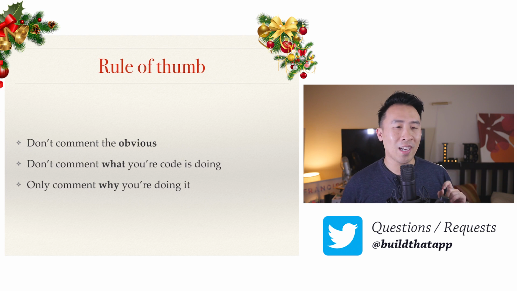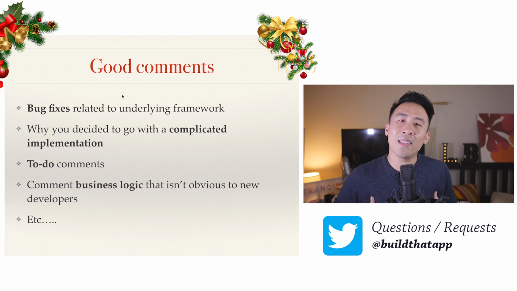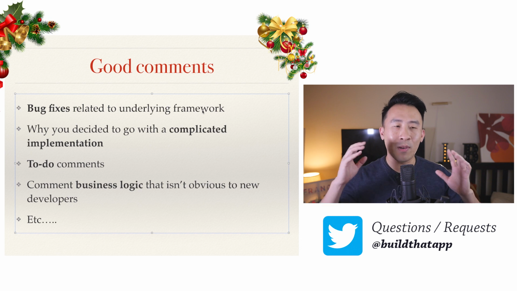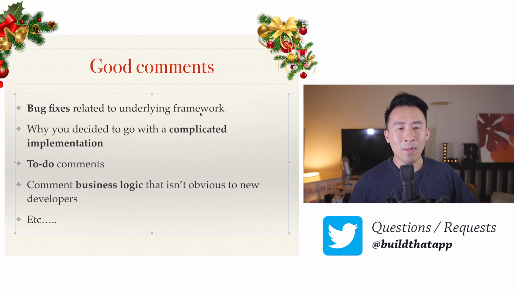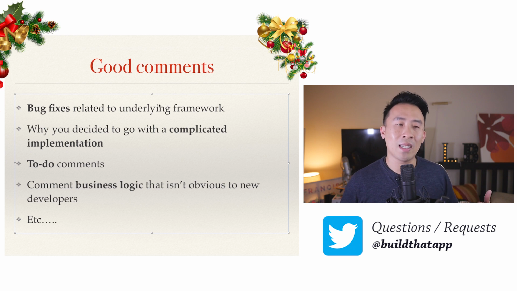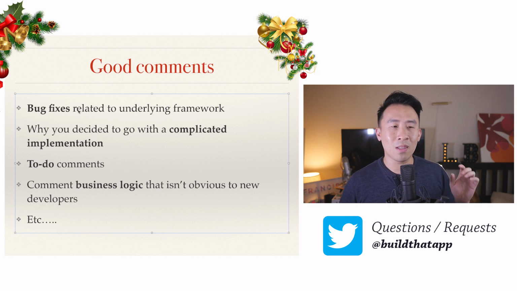Okay, so moving on, I want to show you a list of what I consider good comments inside of my programs. Bug fixes related to underlying frameworks is a big thing that you'll always see inside of code bases. Basically, if you're working with UIKit and you encounter a bug inside of UIKit, you definitely want to leave a comment as to why you're implementing a fix for the UIKit bug.